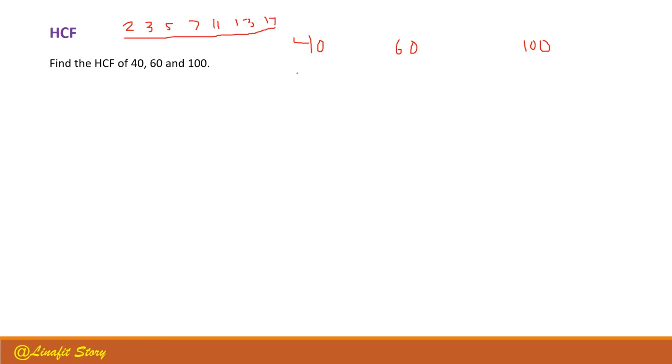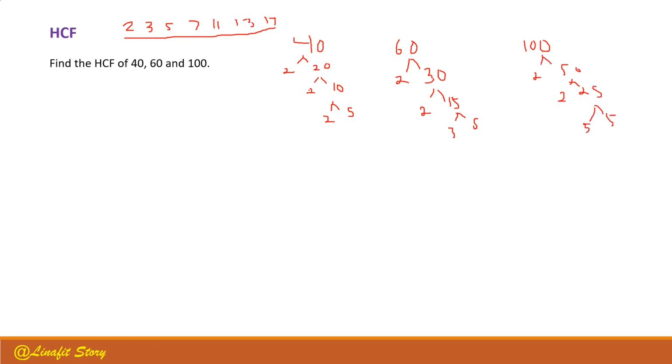So 40 divided by 2 is 20, divided by 2 is 10, divided by 2 is 5. 60 divided by 2 is 30, divided by 2 is 15, divided by 3 is 5. 100 divided by 2 is 50, divided by 2 is 25, divided by 5 is 5.